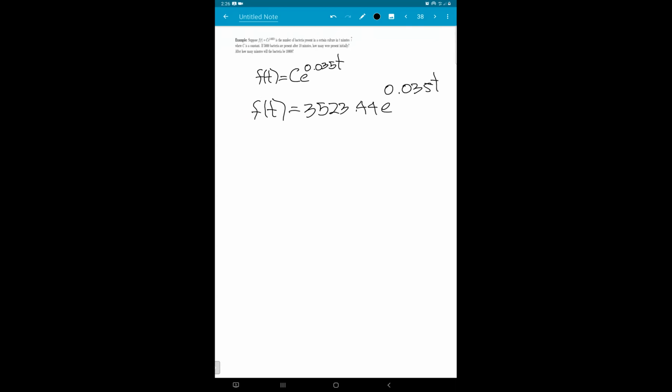How many were present initially? Well, we've already answered that. We can find the answer in the function. It's this one here. Okay, we got C. In fact, when you say initially, it's t equals 0. Just to assure you or confirm that it's C, you can plug in 0 here.